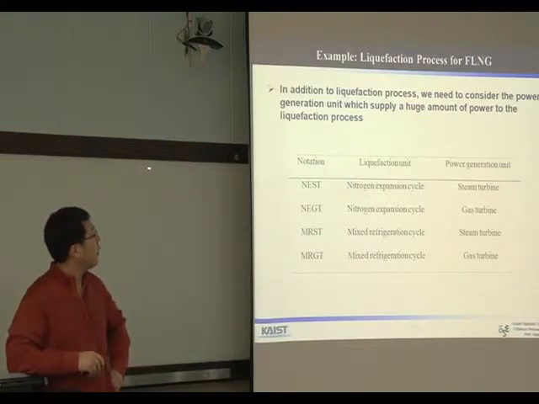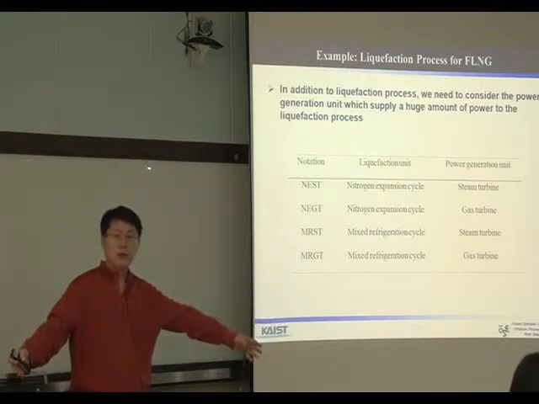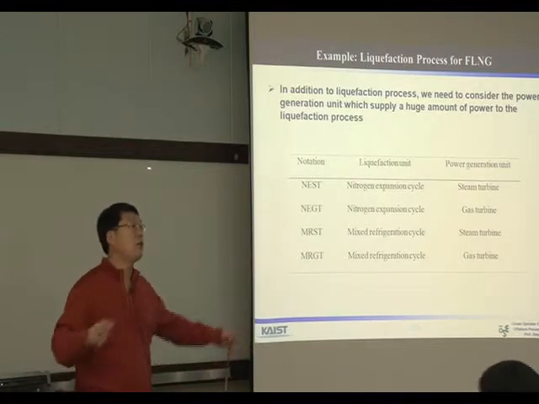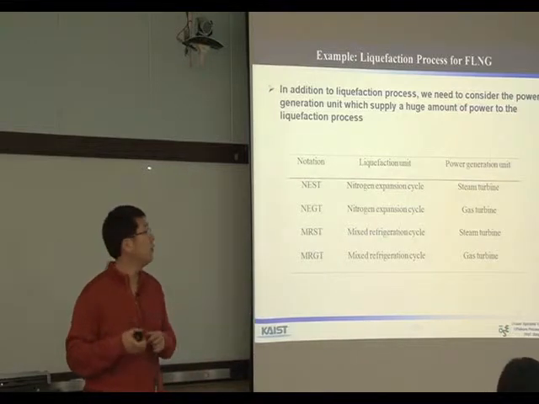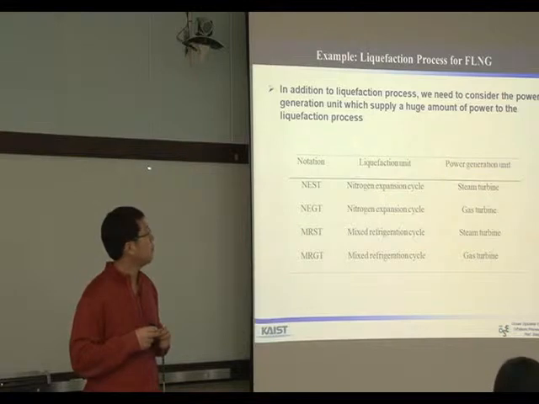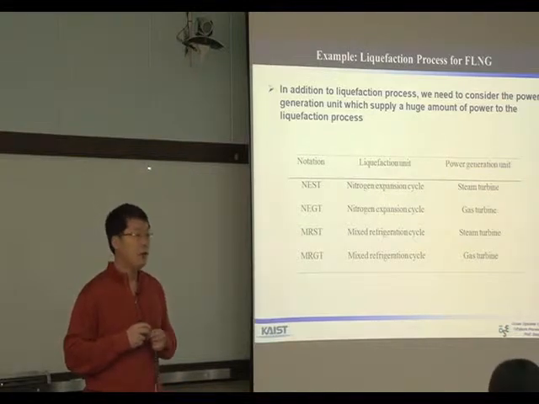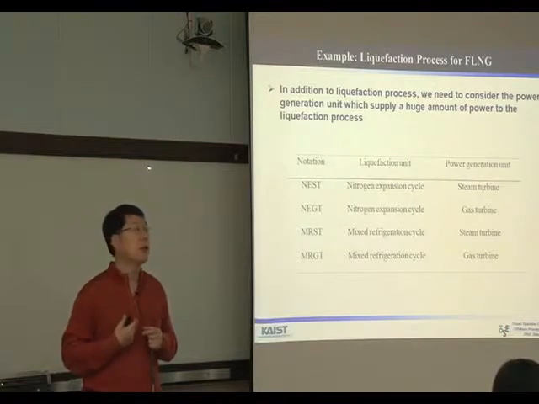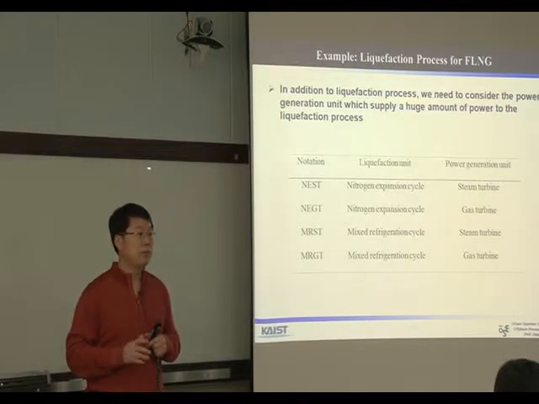The gas turbine is small. Steam turbine is also small, but the steam turbine needs big boilers. So the space requirement is bigger for the steam turbine. But gas turbine has a higher failure rate and higher risk. It accompanies higher risk because it deals with the gas. Steam turbine only deals with steam.